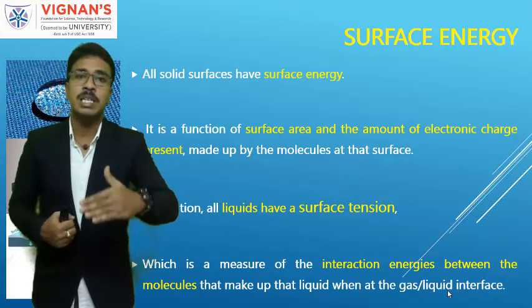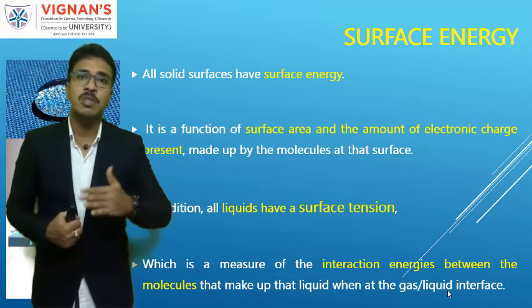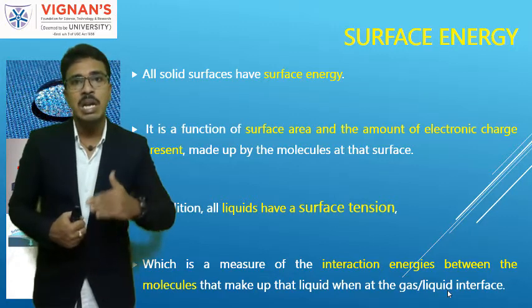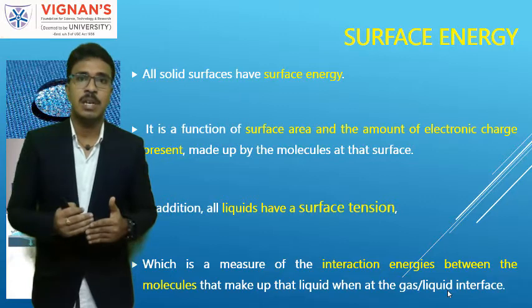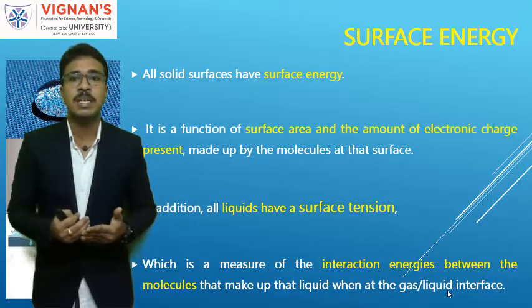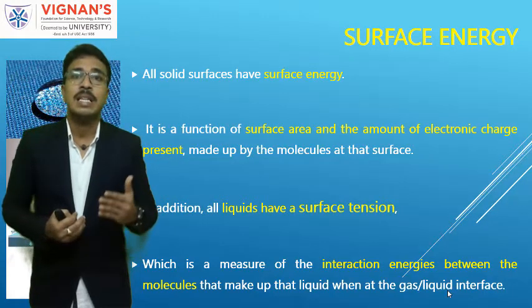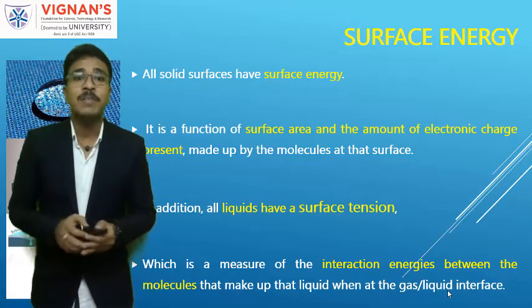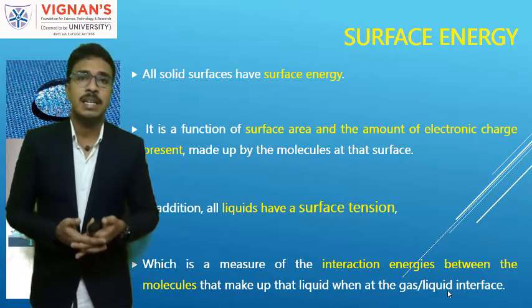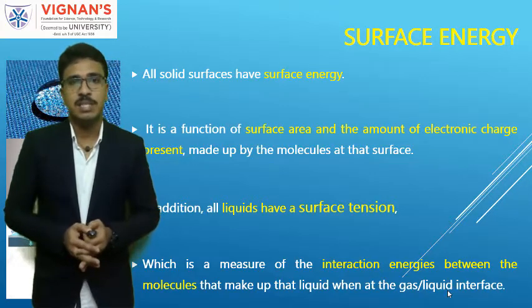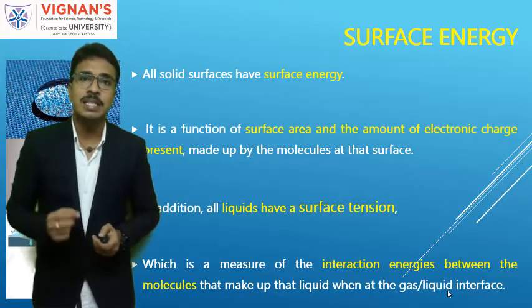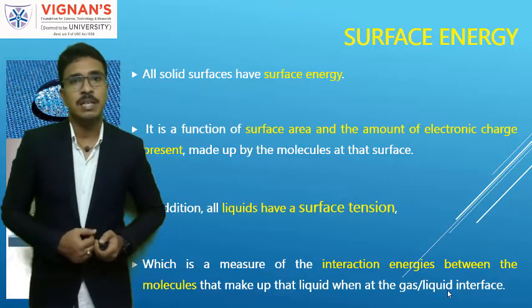This is about the solids. When it comes to liquids, we call it surface tension. This is because of the interaction energies between the molecules inside the liquids. Understand, that is called surface tension within the liquids.